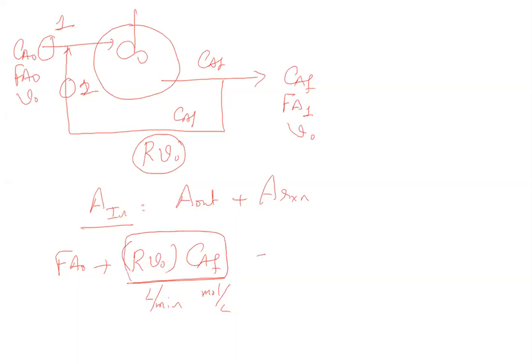Now what comes out? What comes out is FA1. So what comes out is two parts. This is 1 prime, this is, let's say, 2 prime. So the exit is 1 prime plus the flow rate here, R V naught into CF. Moles remain the same, no? Plus minus RA into the volume of the reactor.